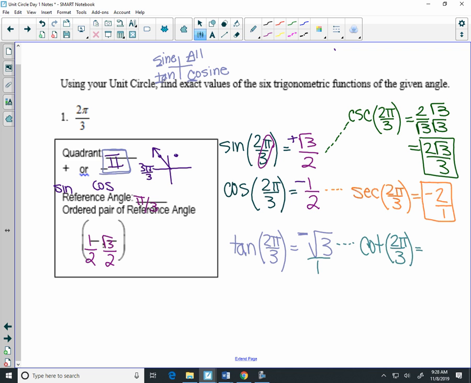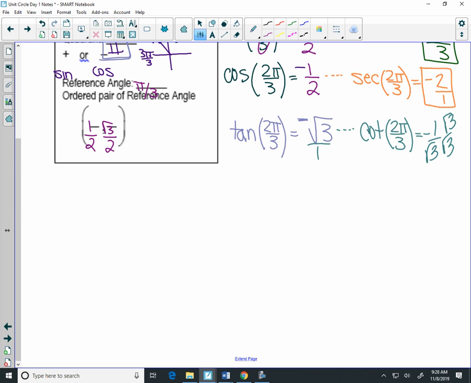So when we flip it, that 1 is going to flip up. And then we're going to rationalize. Negative radical 3 over 3.